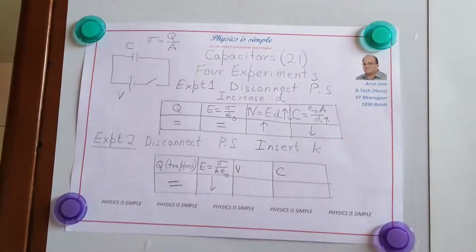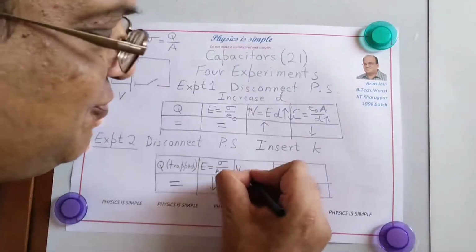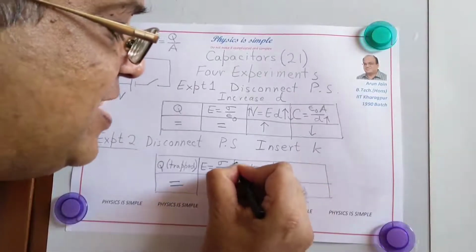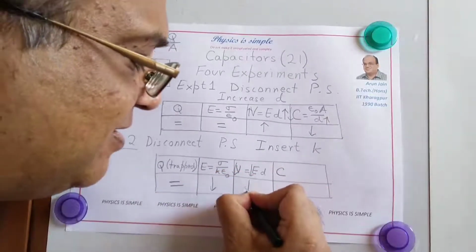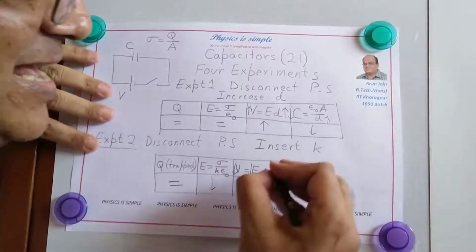What about the potential difference between the plates? Now the distance between the plates is not changing. Electric field is becoming weaker. So V will decrease. And what about capacitance?